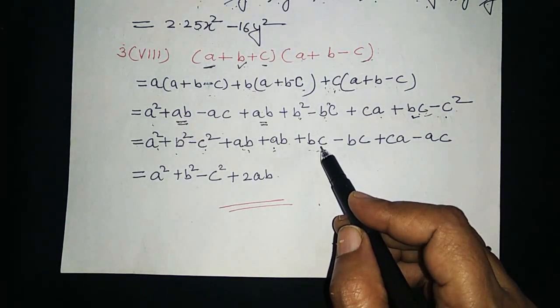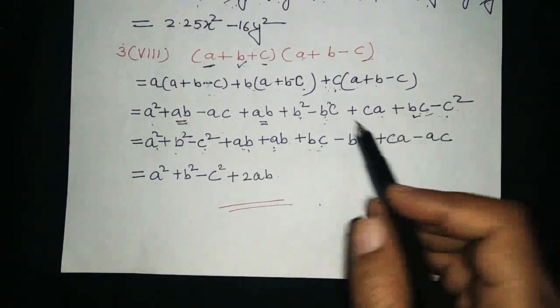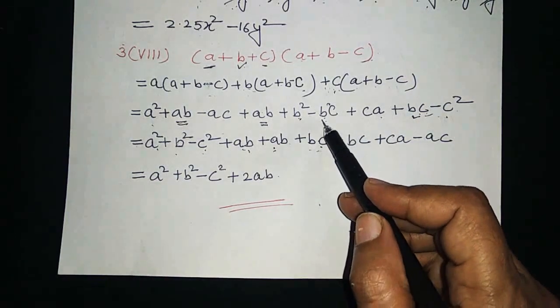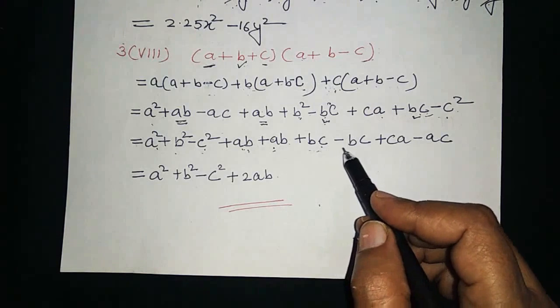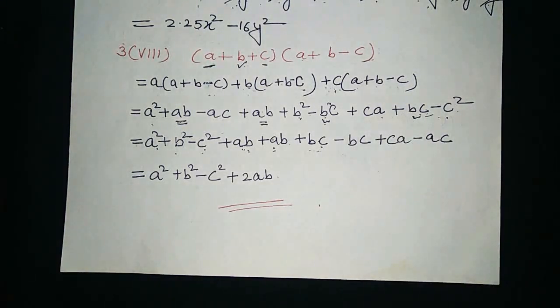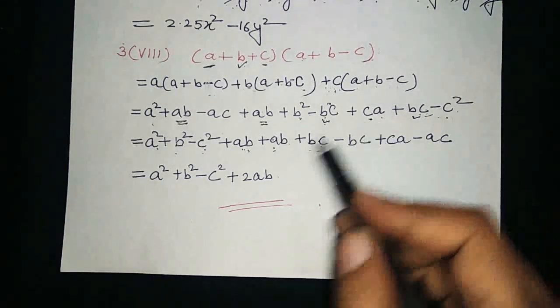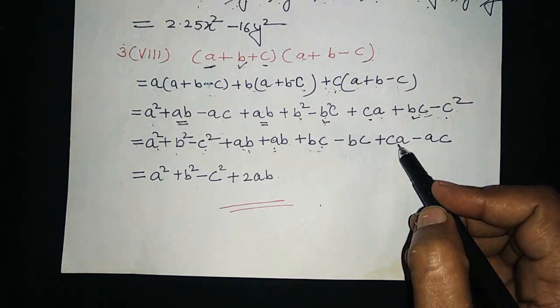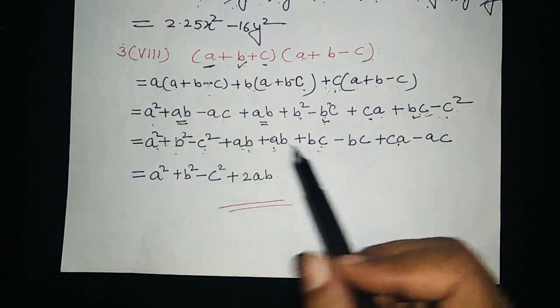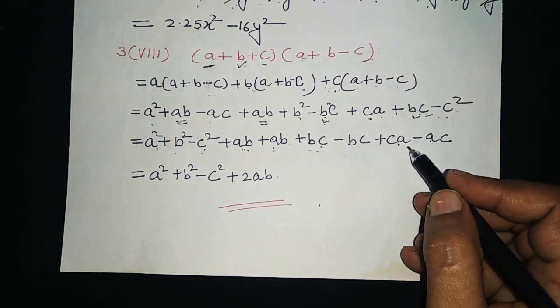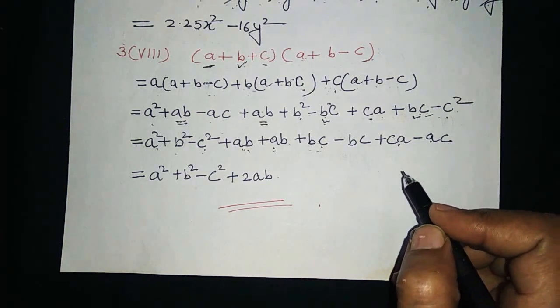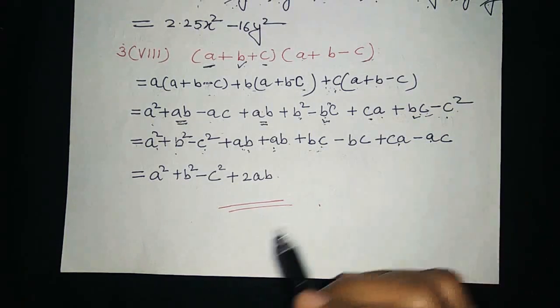And one more bc we are getting in this step. What is it? It is minus bc. Clear? bc minus bc we have written. At last we have got here ca. ca you will write, and this minus ac you will write. ca or ac, anything you can say, both are the same.